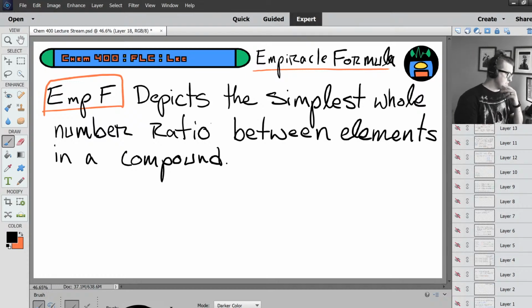All right, simplest whole number ratio between elements in a compound.